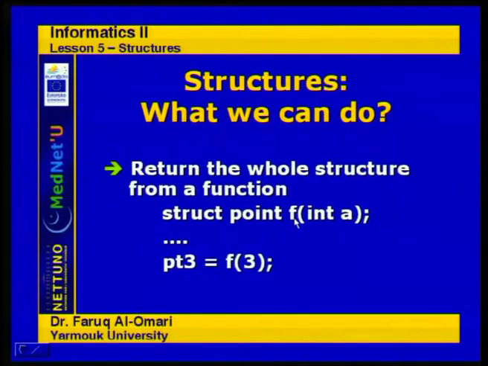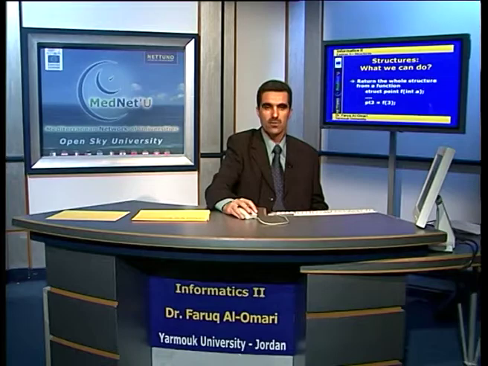It's going to process this integer a, do whatever it's going to do, and when it returns, the return value could be assigned to any structure variable of that type. So in the middle of my program, I can say something like pt3, and I'm assuming that this pt3 is already defined to be of type point, equals f(3).